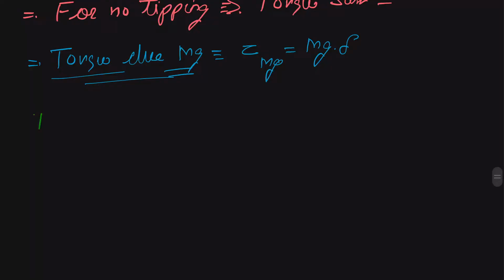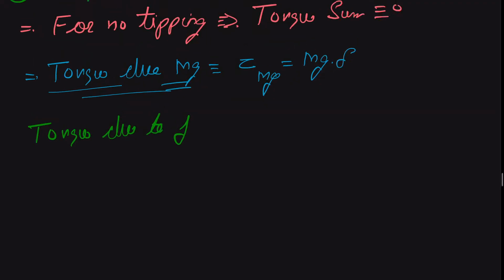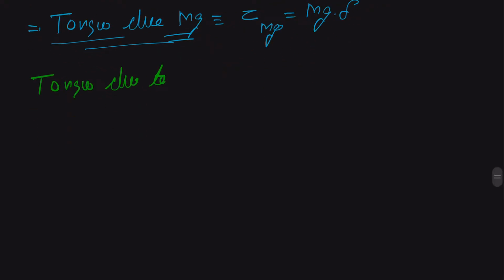So we can say torque due to the fictitious centripetal force, let us suppose tau Cf, will be equal to the force multiplied by the distance, that is our height h, and that will be in the opposite direction, so we can say negative.